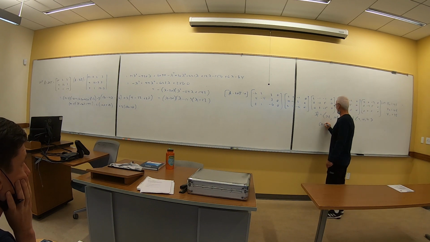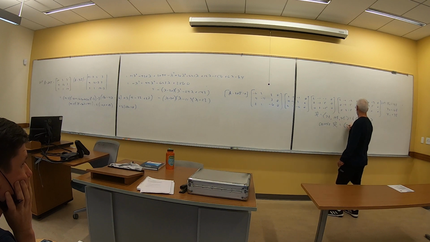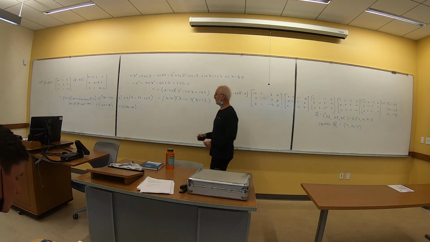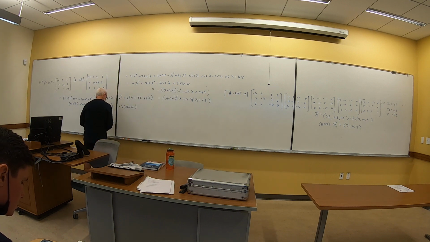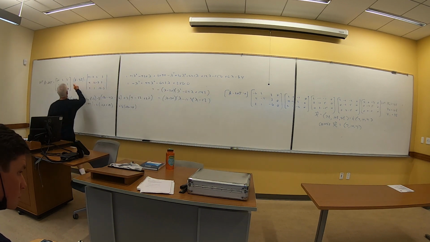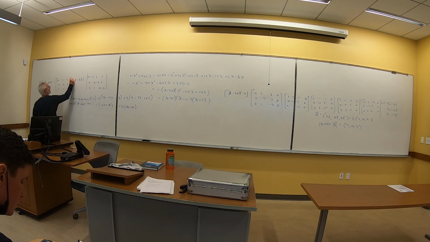So if I choose, I'll call my x1 eigenvalue to be 7, 10, 4. I know every multiple of that works. We already know that. I'll be right here. 7, 10, 4. Okay?